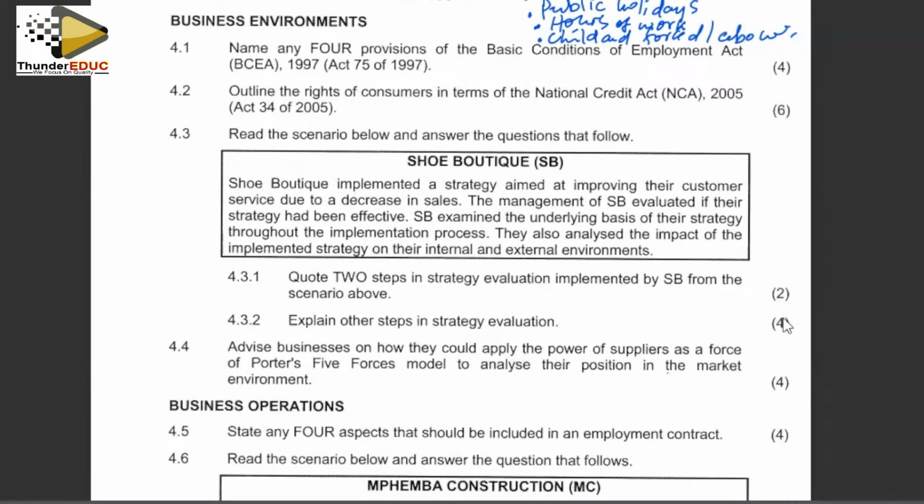We are saying that fair and responsible marketing, and also we are saying that obtain reasons for credit being refused.